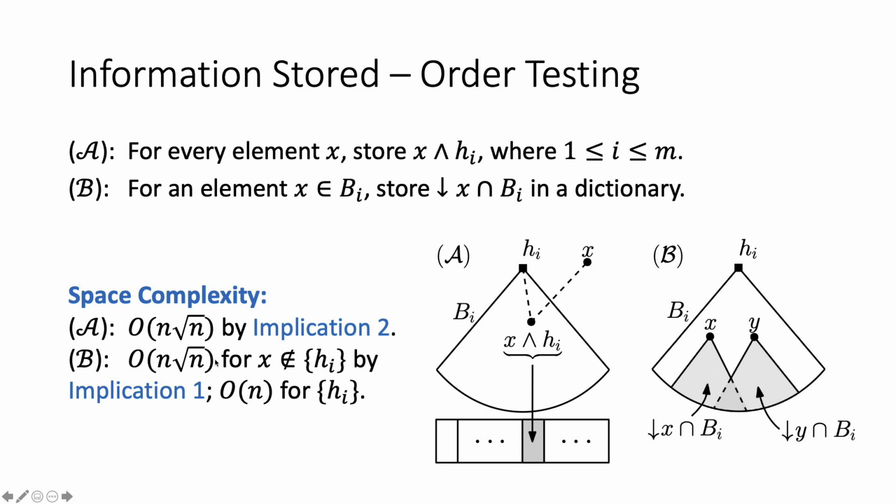So that's how we get n root n overall, except we also need to think of the block headers. Well, it actually is possible that a particular block could be as big as linear size. However, the blocks form a partition, and therefore the overall space usage across all the block headers in terms of storing them in a dictionary is going to be linear.